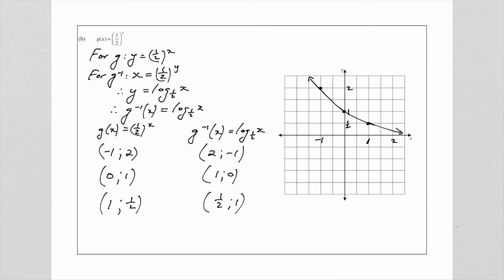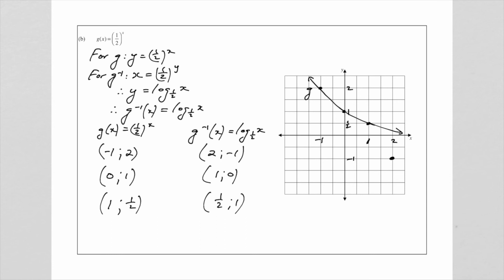And I'm just going to name it. And this is the graph of g. Let's now plot the 3 points for the inverse. And that is when x is 2, y will be -1.